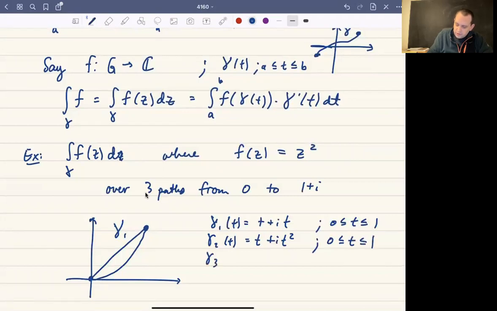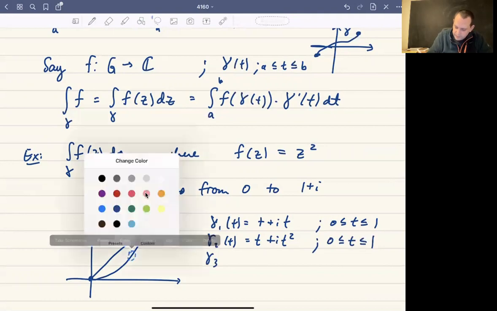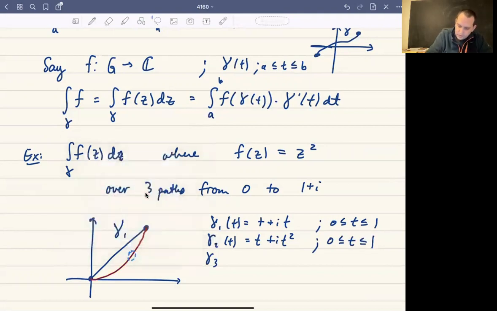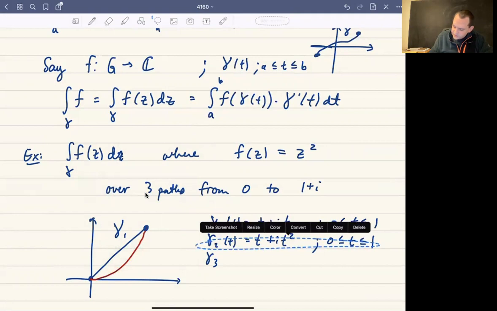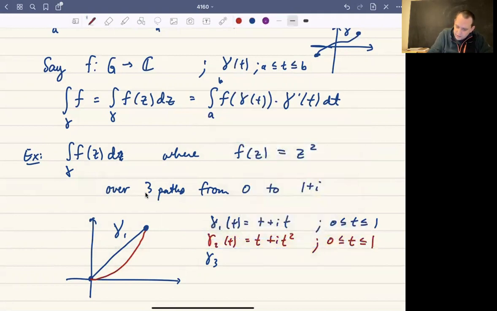And let's do a third. Let's actually make that a color, just so this is a little easier to follow. Let's color that red. And then likewise, let's make gamma 2 red. Hopefully that gets everything there. Okay. And then let's do gamma 3 in green.